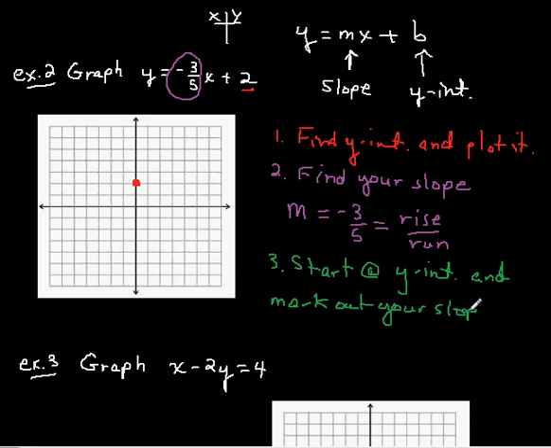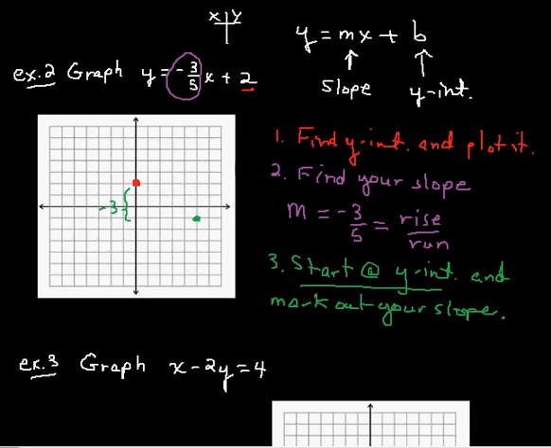This is important that you start at your y-intercept and not at 0, 0. So I'm going to start at my y-intercept, and my slope says go down 3, or rise -3, 1, 2, 3. So I went down 3, and then run 5 from that point. 1, 2, 3, 4, 5, and I'm going to put my second point.